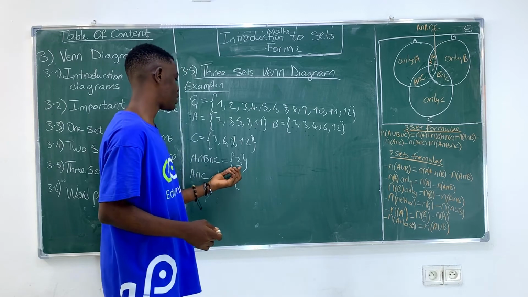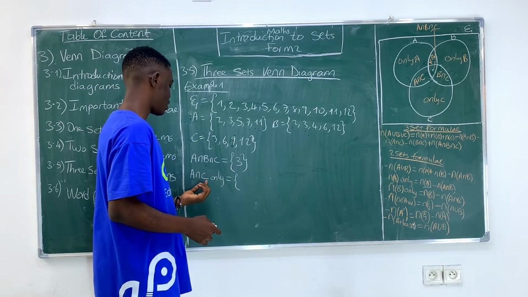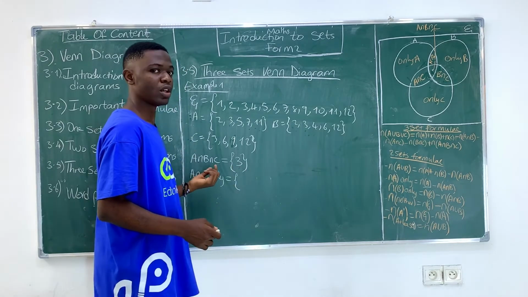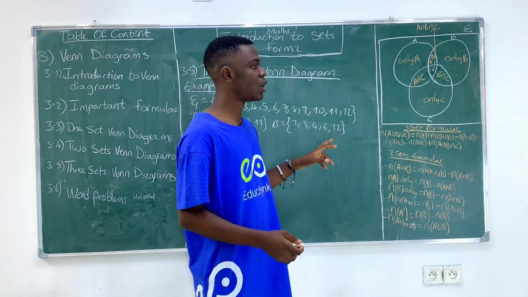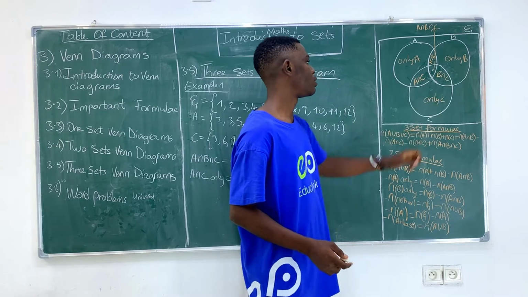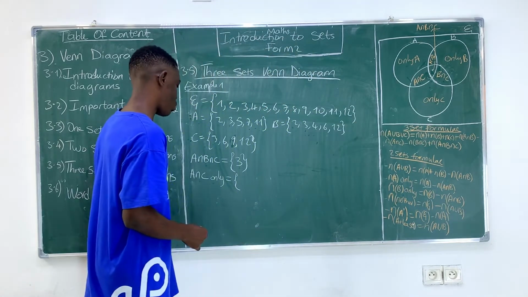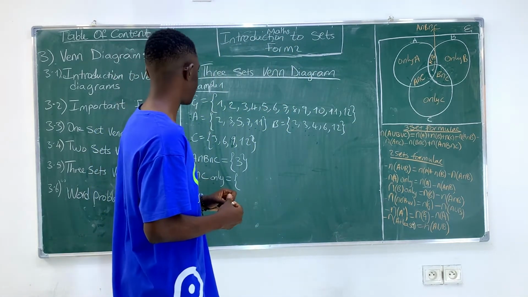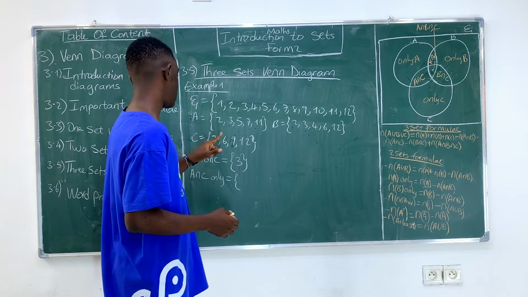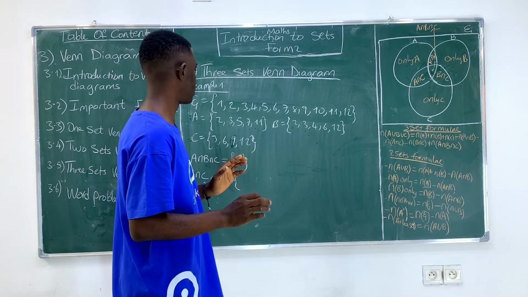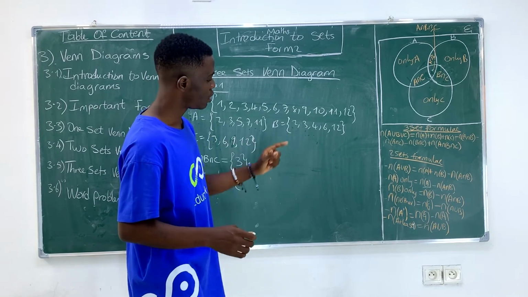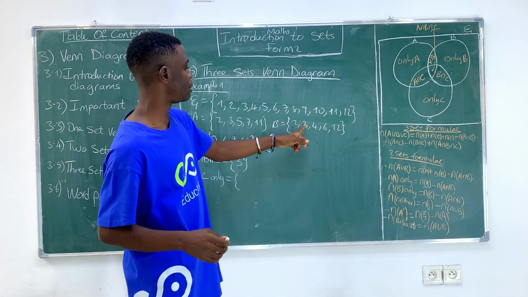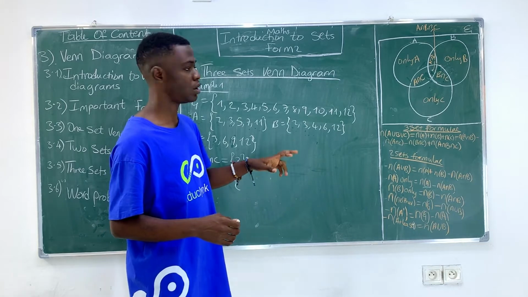But we don't want this 3 to be inside because it is A intersection C, but also intersection B. So we want it to be A and C, but not found in B, so that we can put it here and not in the middle. So what is common to A and C and not to B? So let's check. 2 is in A, 2 is not in C, so you don't write it. 3 is in A, 3 is in C. Is 3 in B? Yes. So you don't write 3 because it is also in B. It has to not be in B.